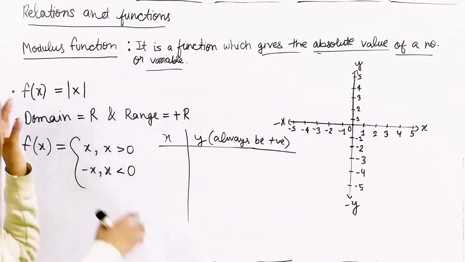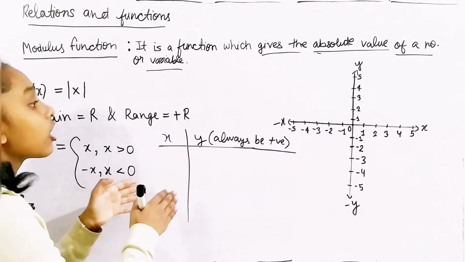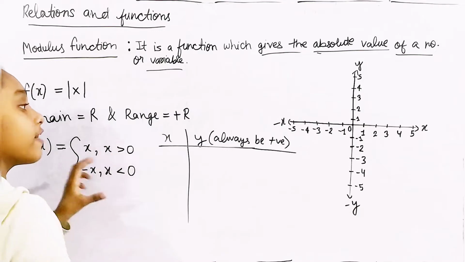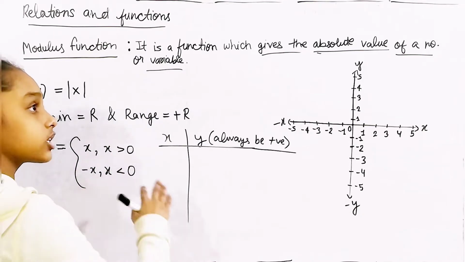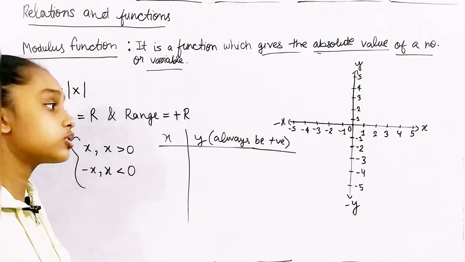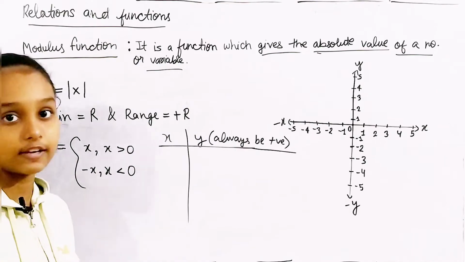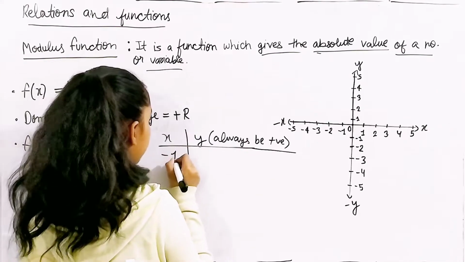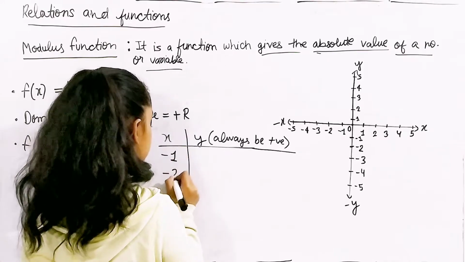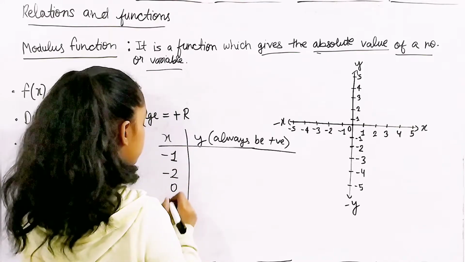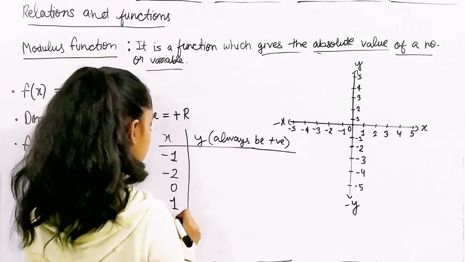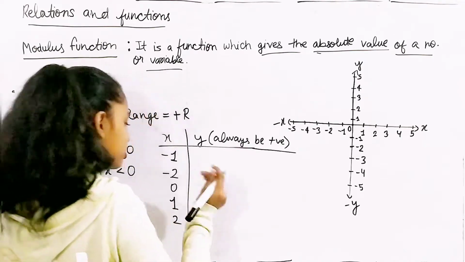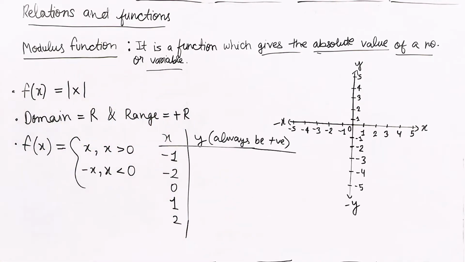If anything comes in the mod and it's a negative value, it's going to change its sign, and it will always be positive. So if I say x is equal to -1, -2, 0, 1, or 2, can you guess what its exact values will be in y?